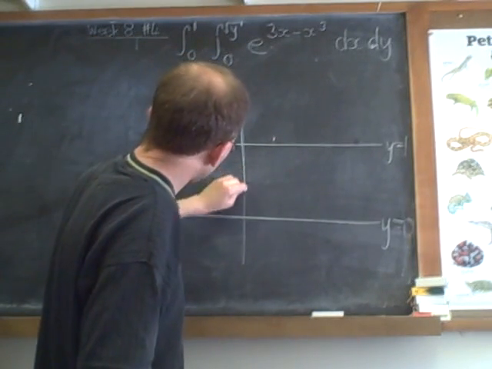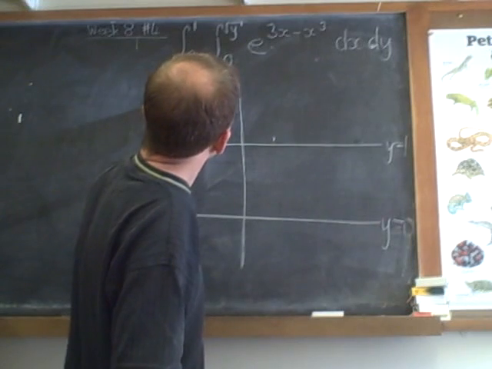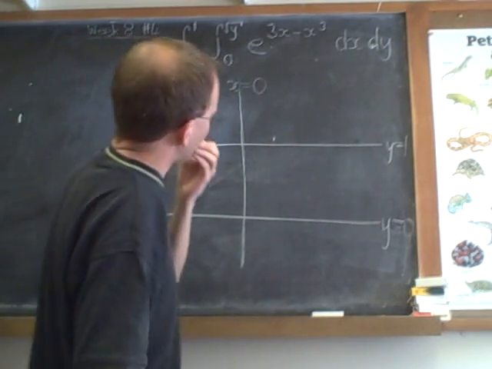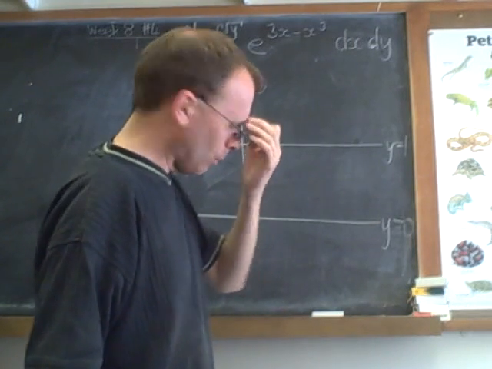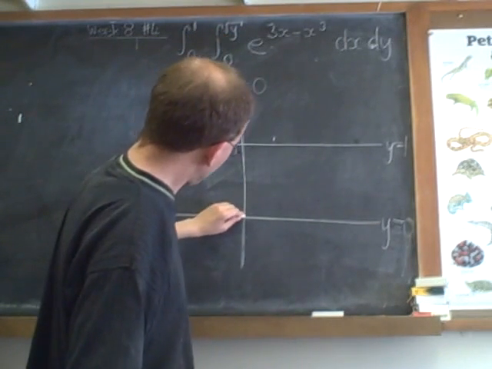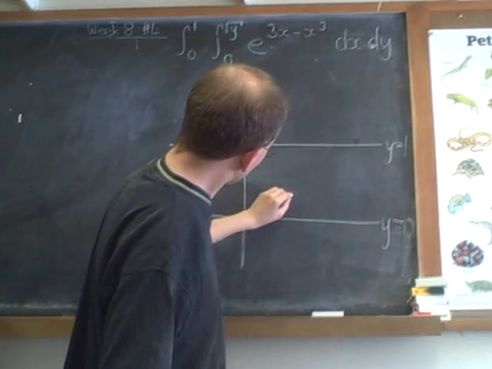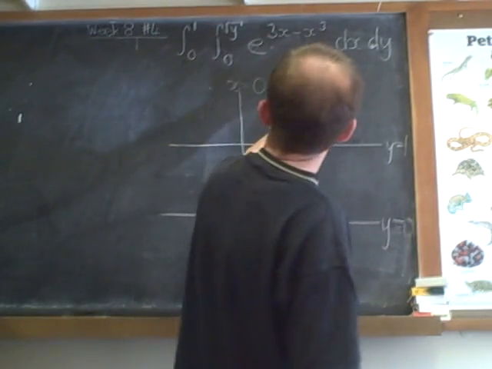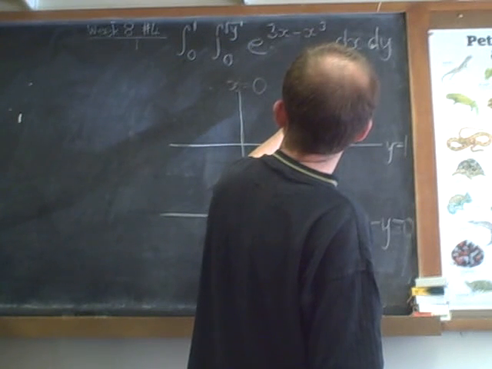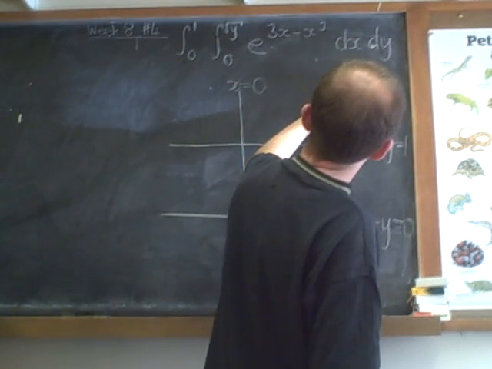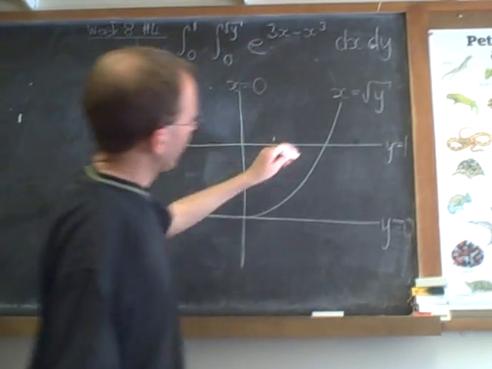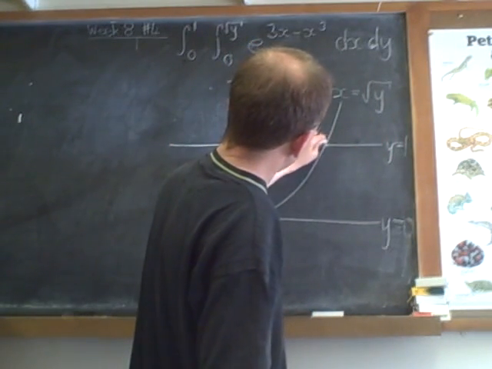So here's x equals 0, and let's see, x equals root y is like y equals x squared, so that's going to look like this. And I think, yeah, it goes through the point 1, 1 here.